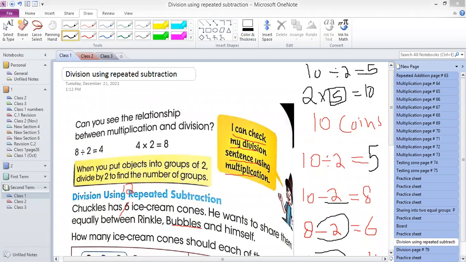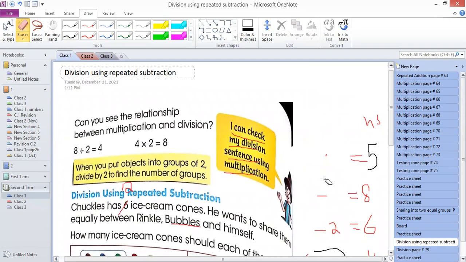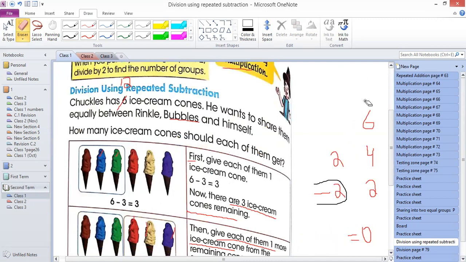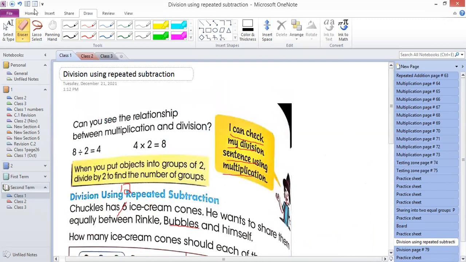So try to answer one question by using the repeated subtraction method, guys. I'm giving you one question and try to answer it with the help of the repeated subtraction method. Let's suppose you have 12 apples.